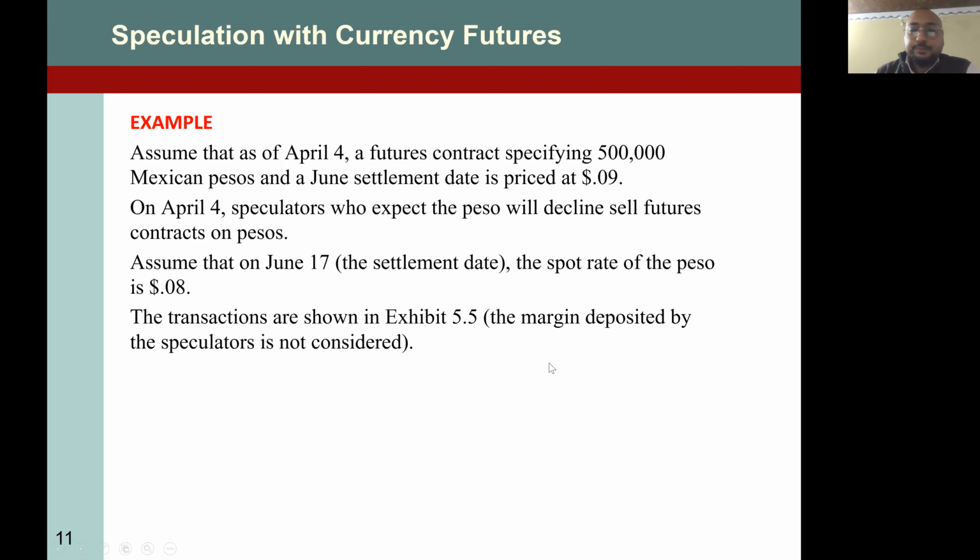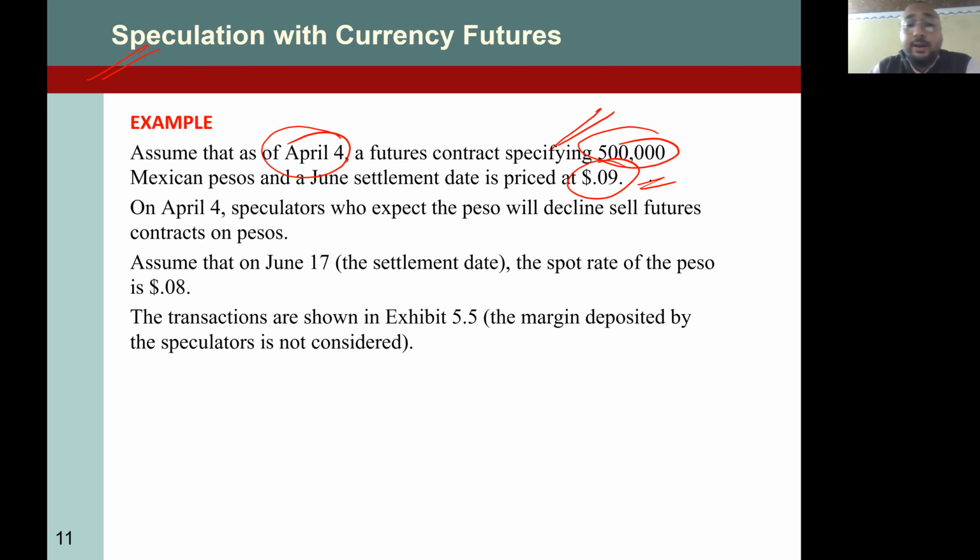Let's move on. Now we have an example with speculation here. So assume that as of April 4, a future contract specifies 500,000 Mexican pesos. That is your reference amount. And a June settlement date is priced at 0.09, which means your future rate is 0.09.